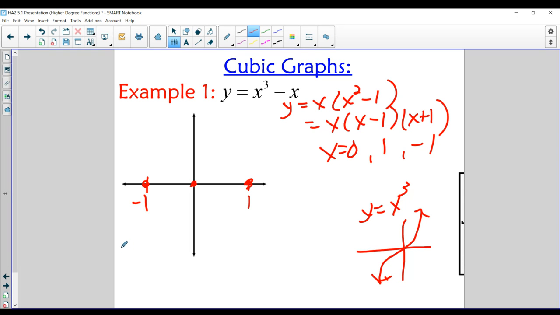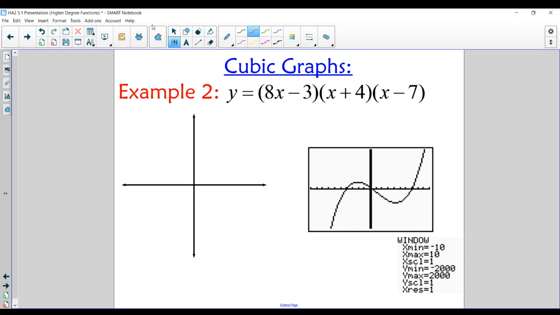I'm going to start down here, go through that x-intercept, change direction somewhere, come back through this one, change directions, go back up. Okay, same end behavior that we had for this one over here. Now, what is this value here and what is this value here? That's for another day. What I'm going to concentrate on with this is the ends, the x-intercepts, and y-intercepts. That's what we'll be looking at here today.